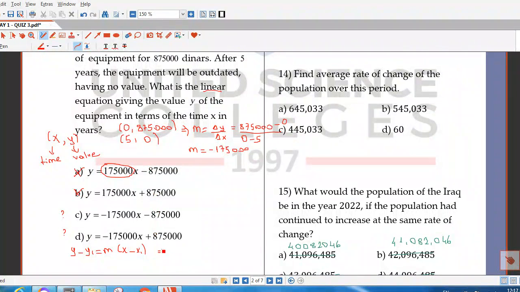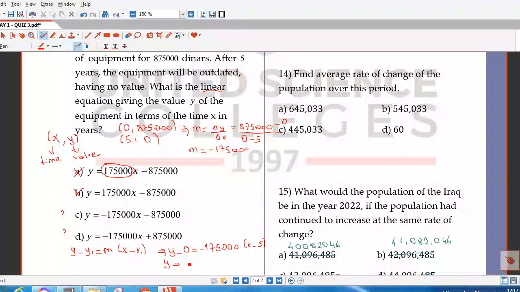If I write y minus, the y coordinate of the point is 0, y minus 0 is equal to negative 175,000 times x minus 5. Y is going to be alone.